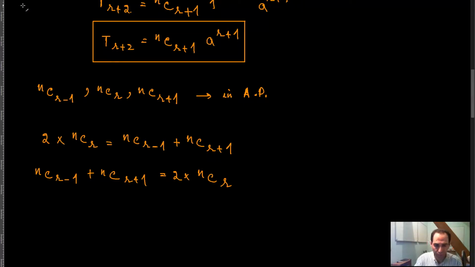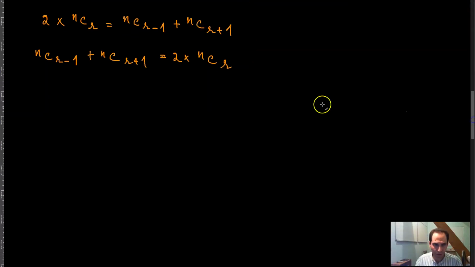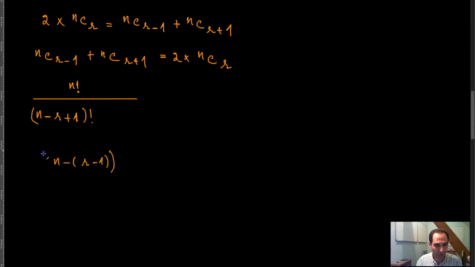Okay, so now we can write this expression as n factorial over n minus r plus 1 factorial, and you need to be careful not to make any mistakes here, meaning that, for example, here you will get n minus r minus 1 factorial, which is the same thing as n minus r plus 1 factorial, which is what I have written over here.